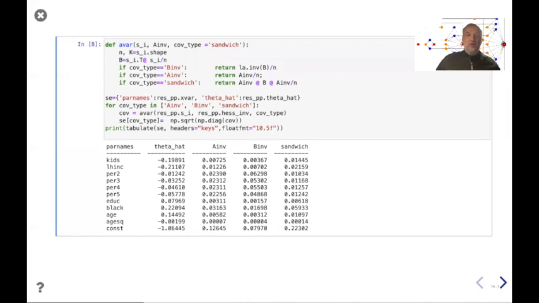You have your estimator based on the inverse of the negative of the Hessian divided by n, or the inverse of the outer product of the gradient. You see the standard errors are much smaller compared to the sandwich estimator, which is explicitly accounting for the persistence in the error term due to, for example, a potential unobserved effect.